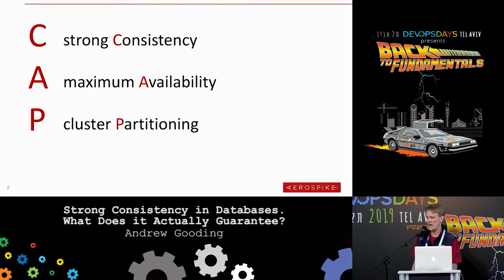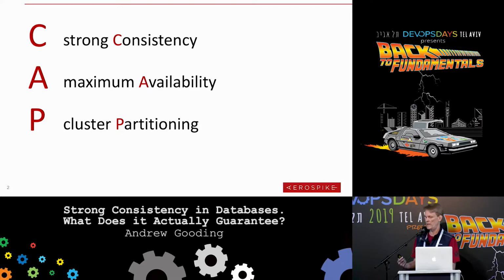The C is for consistency, the A is for availability, and the P is for partitioning. So we're talking about databases that are clusters, and when we say cluster partitioning, it means that the cluster kind of breaks up or isn't all there. The C, which is consistency, I've modified with strong consistency for reasons that may become apparent later.